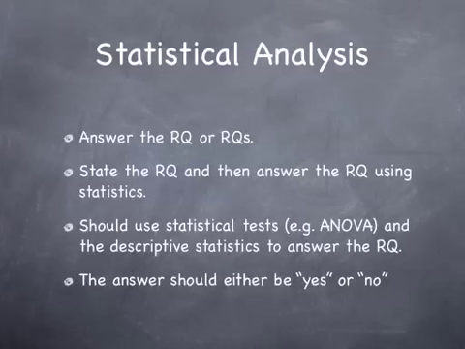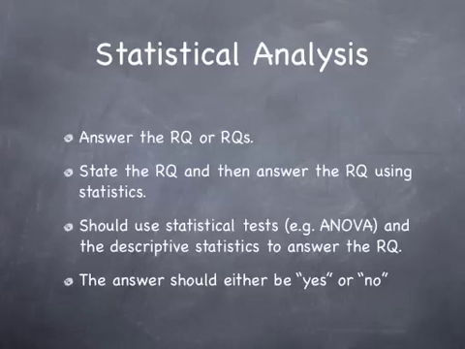Our last section in your paper, or for this section, is called the Statistical Analysis section. And here we want to answer the research question or the research questions. So you'll basically just restate your research question, and then you answer the research question using statistics.